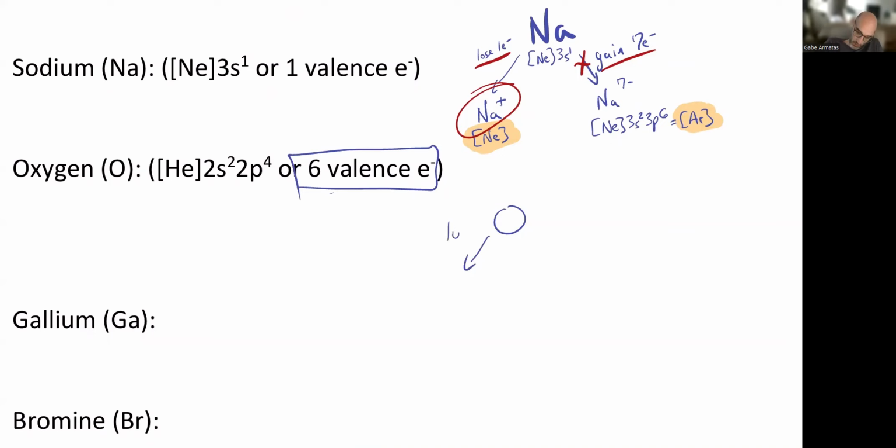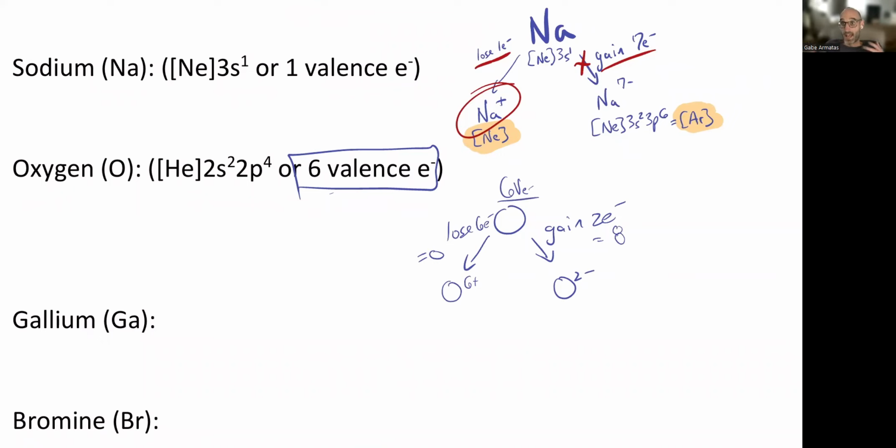It is either going to lose 6 electrons to become O6 plus, or it is going to gain 2 electrons to become O2 minus. Starting with 6 valence electrons, losing 6 brings me to 0. Gaining 2 brings me to 8.